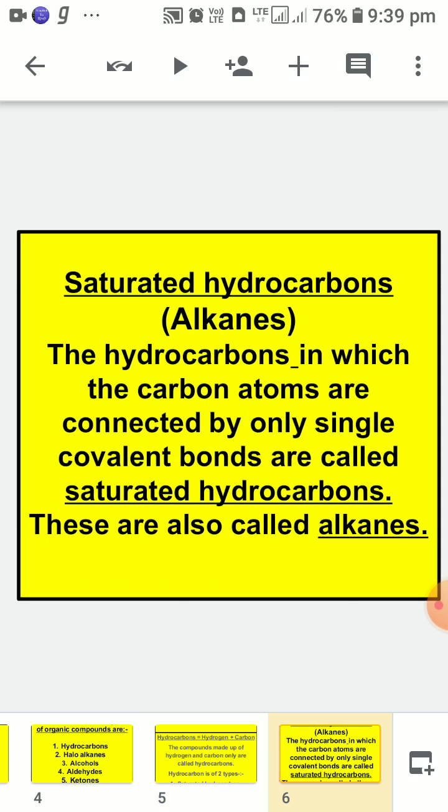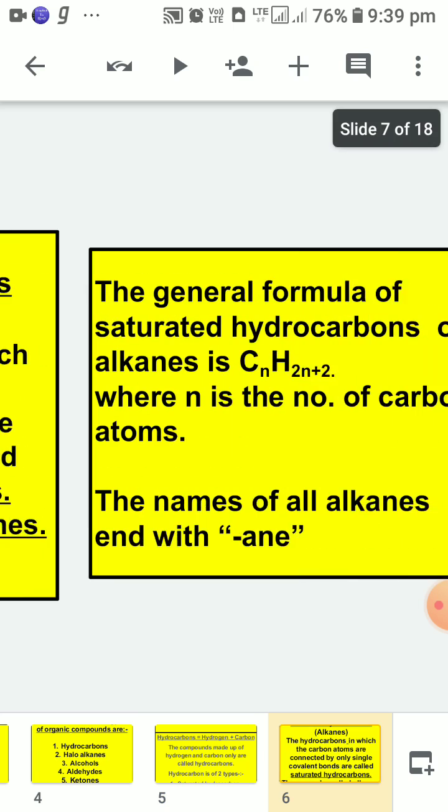Saturated hydrocarbons are also named as alkanes. These hydrocarbons have carbon atoms which are connected by only single covalent bonds. So all the carbon compounds which have single bonds are known as saturated hydrocarbons or alkanes.